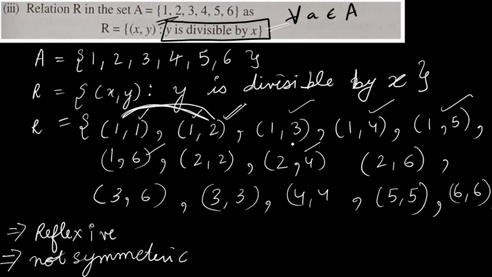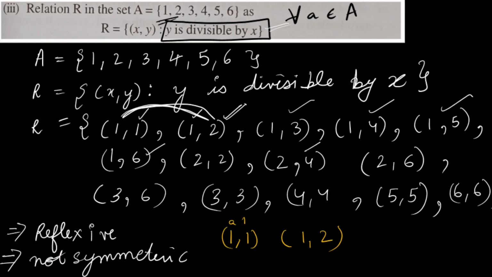Now we have to check another one which is ending with the same element and the other one is starting with the same. Yes, I have this one. I will just write it here: I have 1 comma 1 and 1 comma 2.